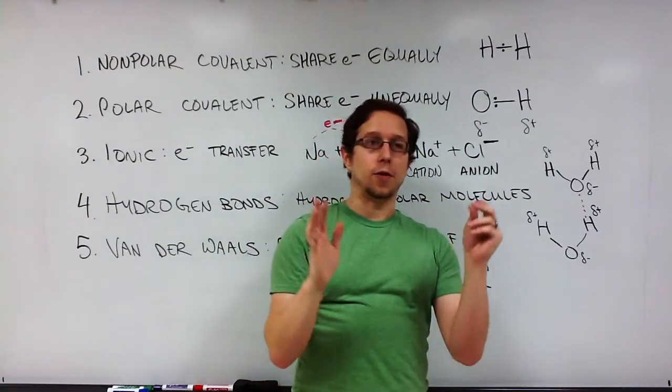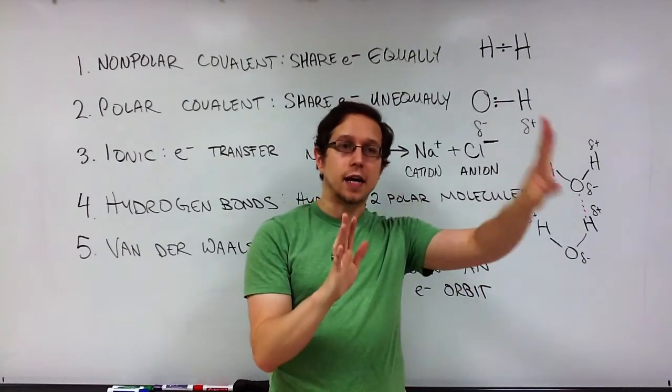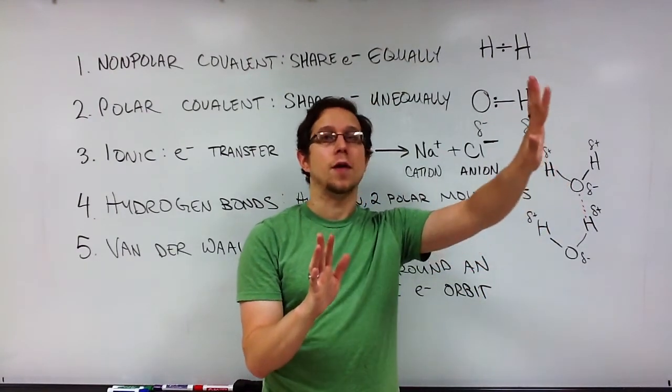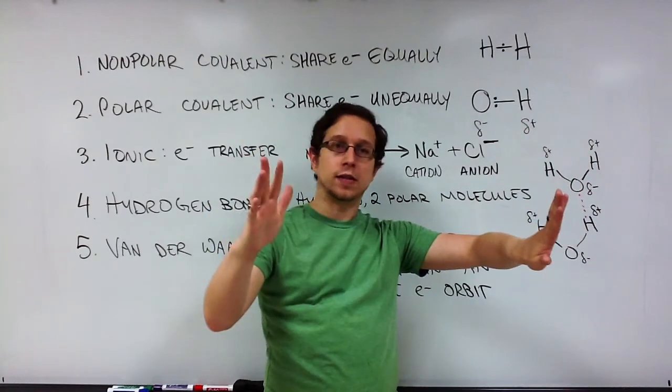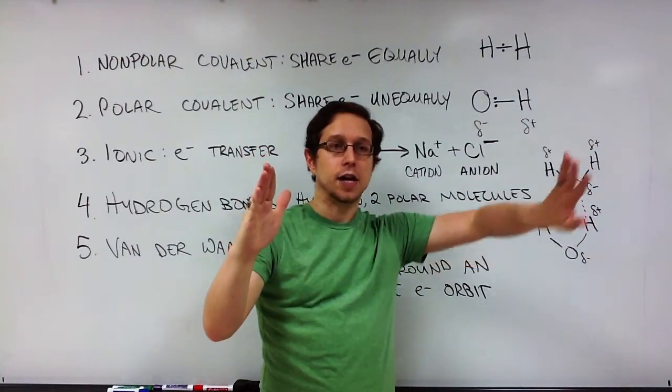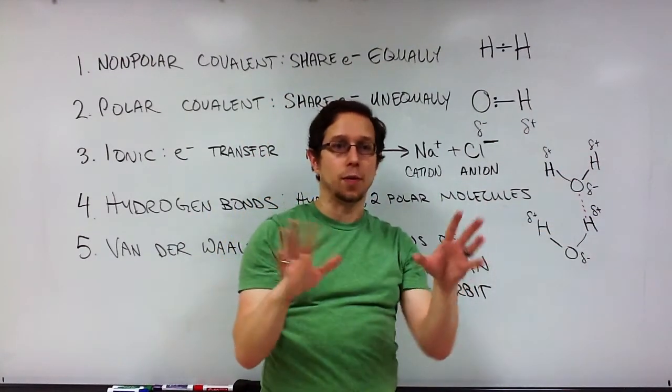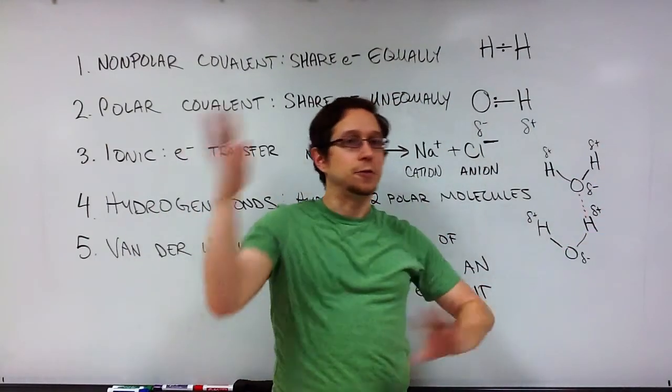So for a slight instant, one side of your atom at any point in time will have a slight negative charge, while one side might have a slight positive charge. And then as the electrons continue to orbit, those charges kind of switch around.